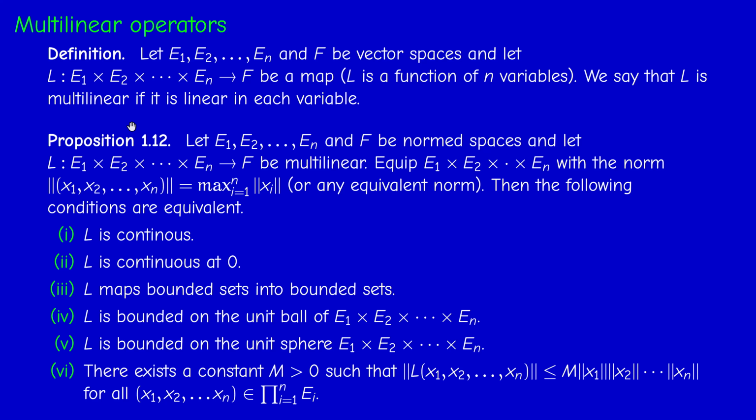The product of E1, E2, En can be written in this way or in this more compact way. So it's exactly the same proof. You can just adapt it, copy paste if you like, but the notation is a little bit more cumbersome. I will not repeat the proof here, it's exactly the same.